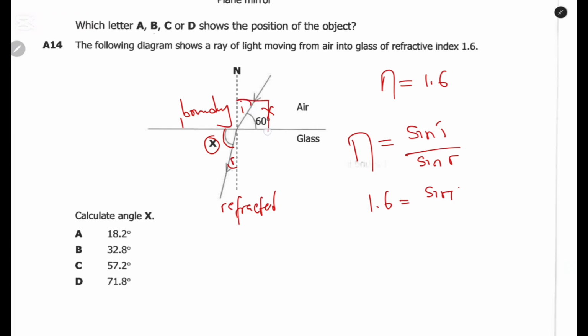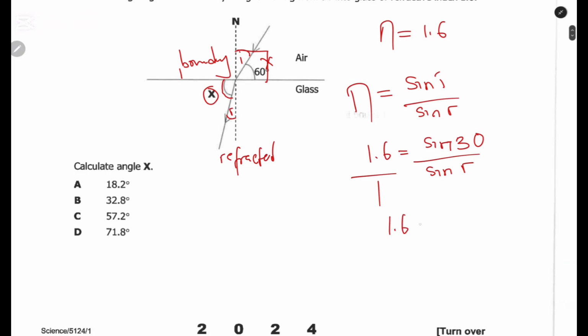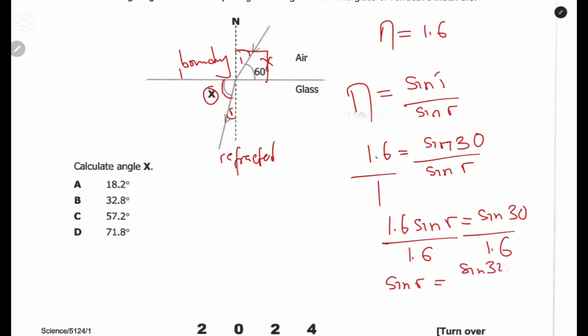The whole of this is 90, so 90 minus 60, the angle of incidence is 30. So sine 30 divided by sine r. We cross multiply: 1.6 sine r is equal to sine 30. Divide by 1.6 both sides, so sine r is equal to sine 30 divided by 1.6.